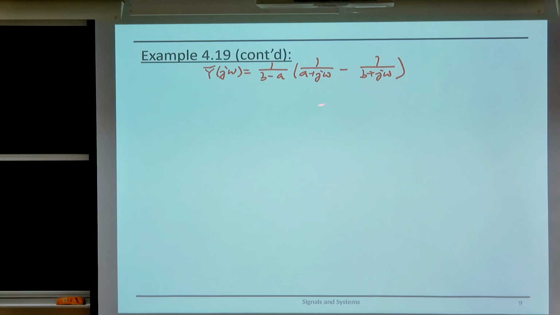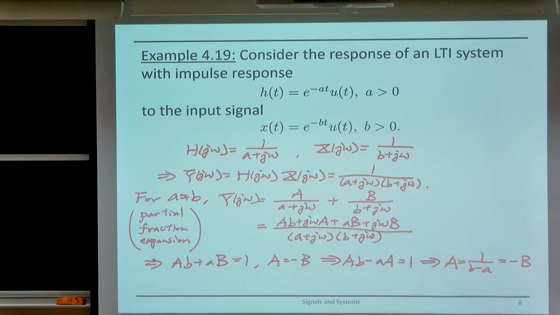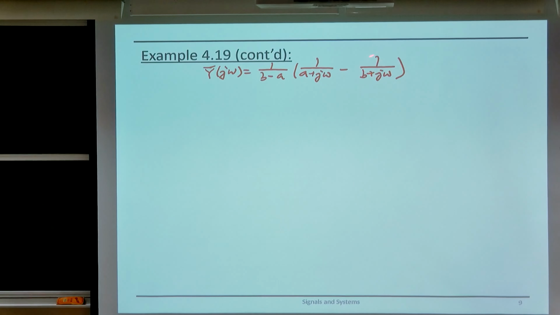Now, from this formula, you can immediately see why we want to write it in this form. Once we write it in this form, we can directly observe the inverse Fourier transform. We know that the inverse Fourier transform of 1 over a plus j omega is the decaying exponential with exponent a, and the inverse Fourier transform of 1 over b plus j omega is a decaying exponential with exponent b.